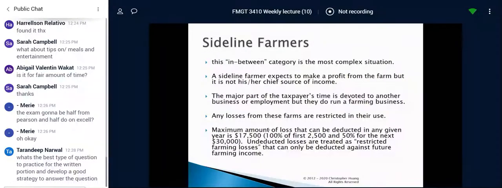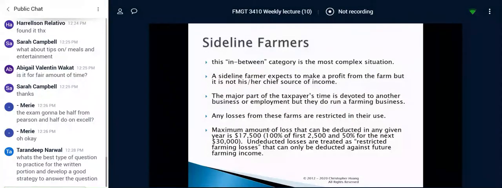For sideline farmers, what the government said was, the first $2,500 of losses is 100% deductible. The next $30,000, we're only going to let you deduct half. So after the first 2,500, there's restrictions. Half of 30 is 15,000.